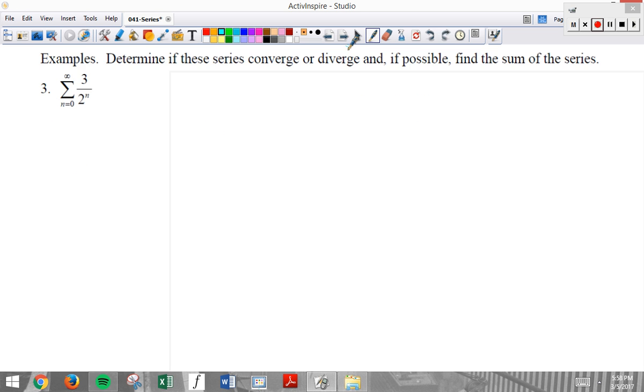Okay, here we go. Determine if these series converge or diverge, and if possible, the sum of the series. This is something that went by some people's heads.